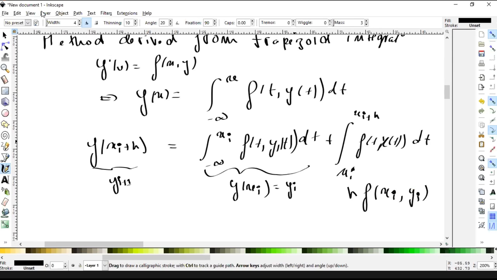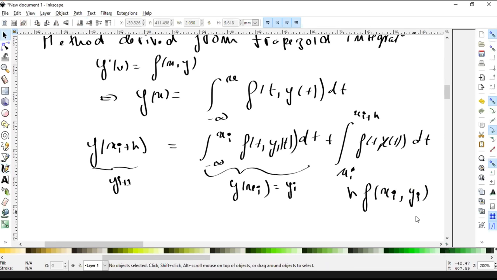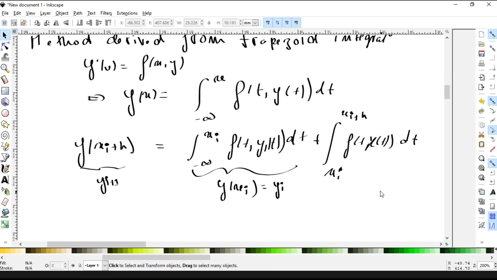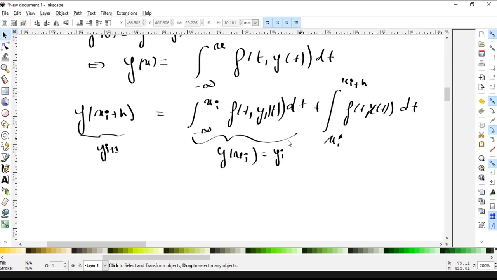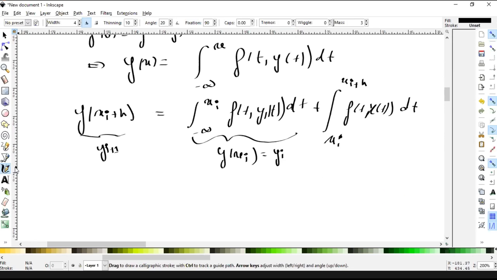This is what we did here for the rectangle. Now instead of the rectangle, let's take the trapezoid. If I replace the rectangle with the trapezoid, what do I get for this integral?